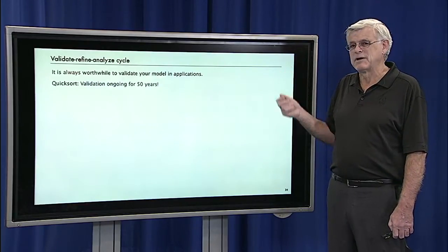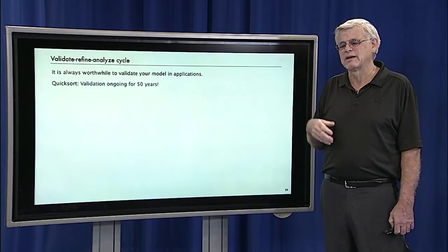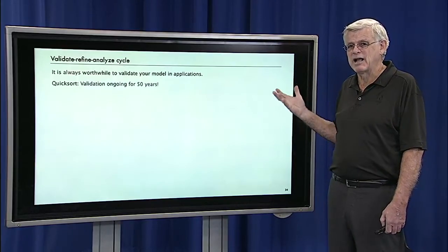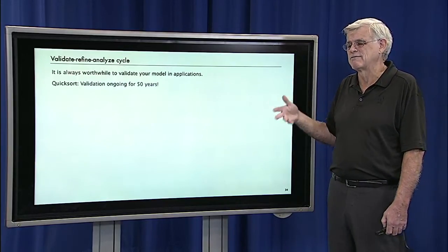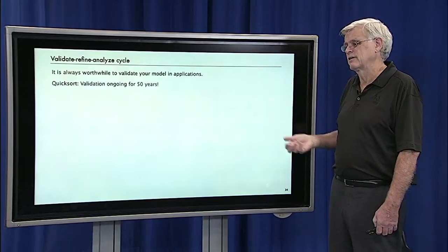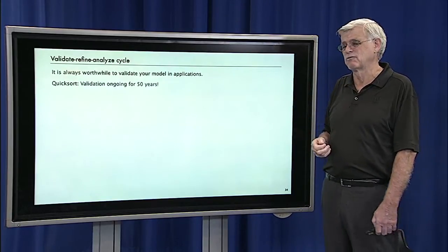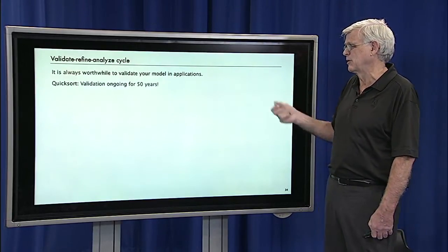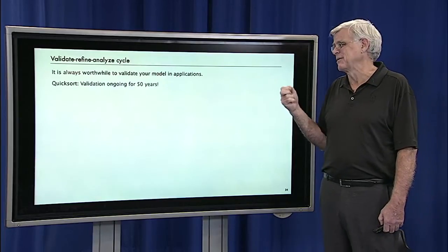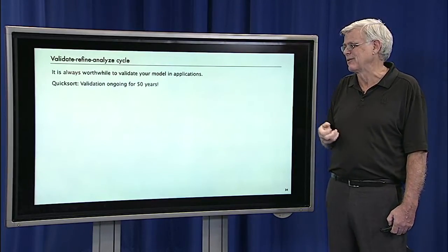So validating the model in a real application is something that goes on continuously in practice by people who have knowledge of the scientific background of the performance of programs that I've been talking about. And for Quicksort in particular, it's been going on for really a long time.